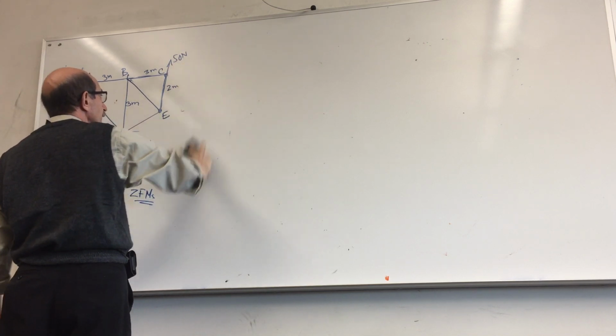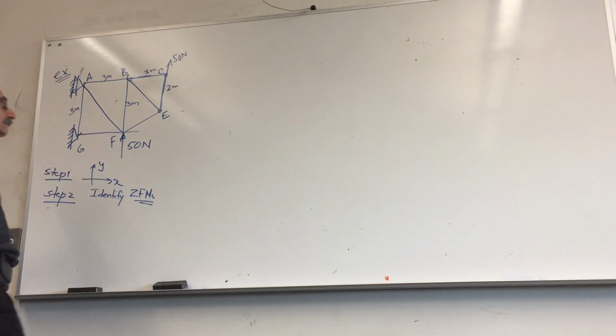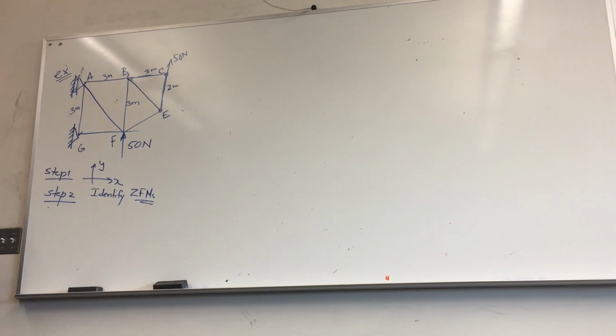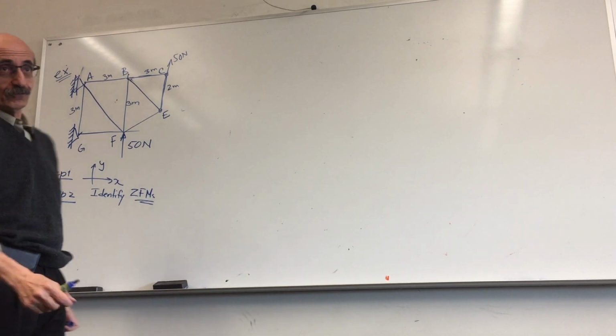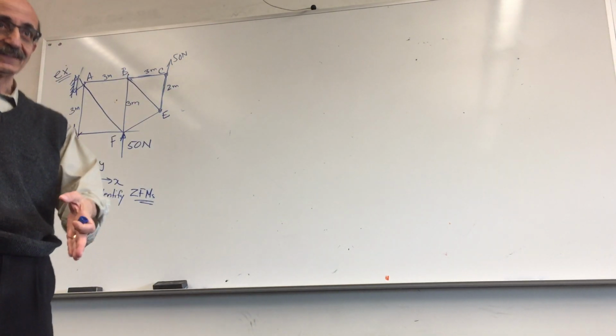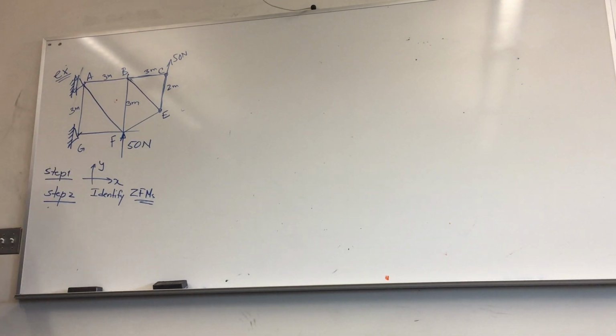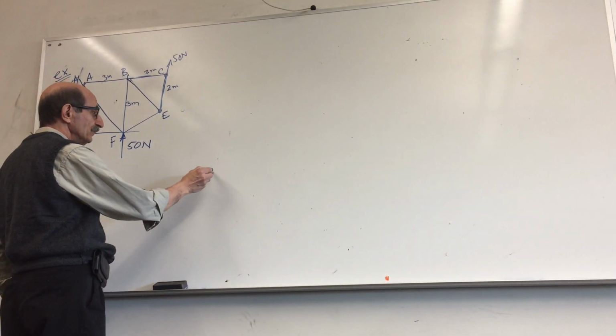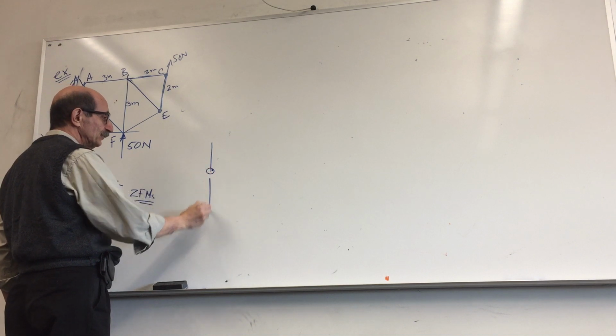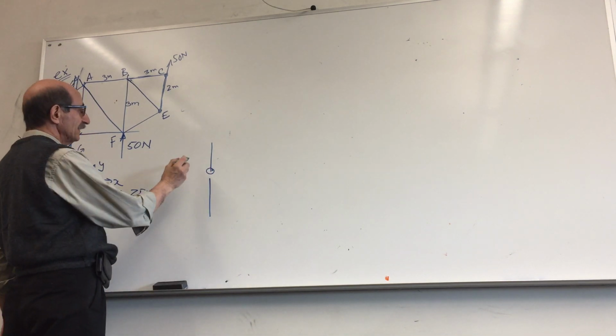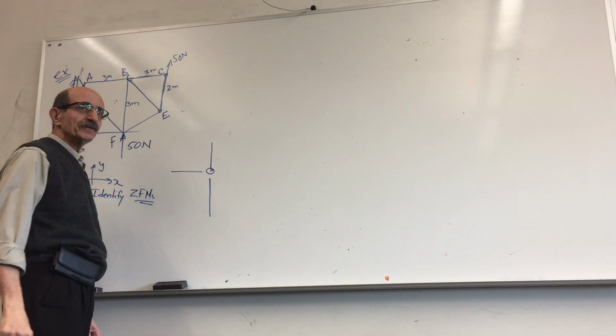Now what? Would B to C also be a zero force member? No, B to C, no, but you're on the right track. At C, you have two forces, and then this one, right?